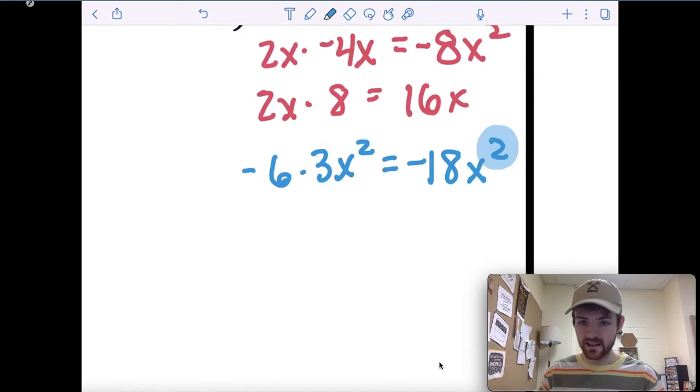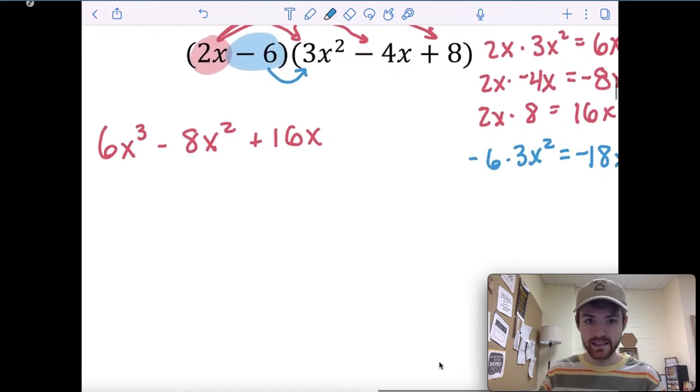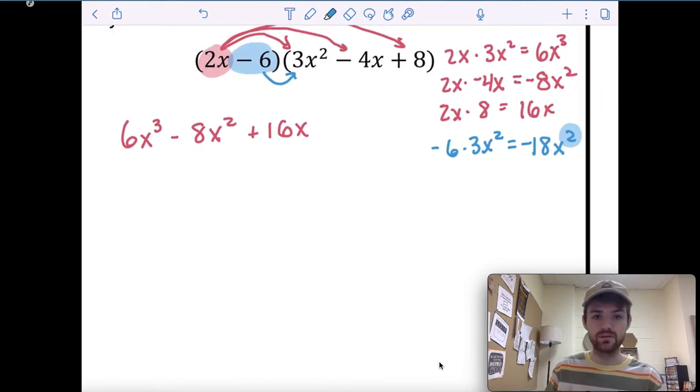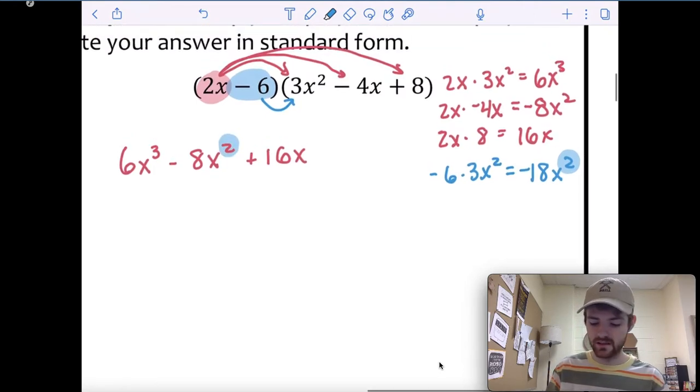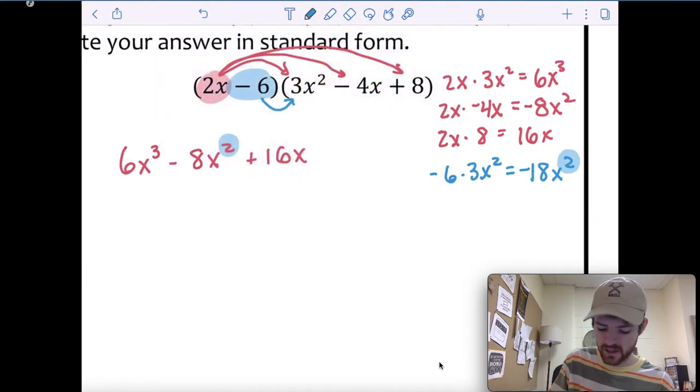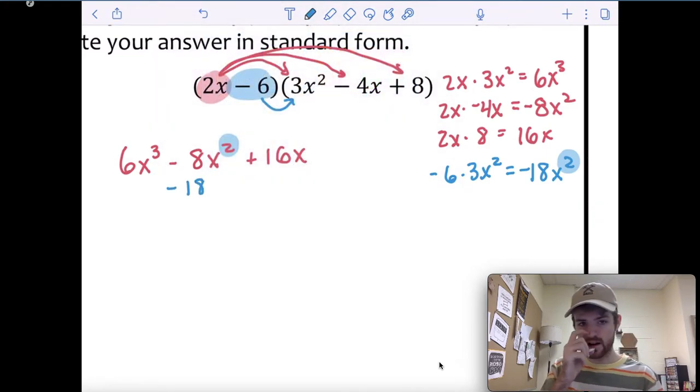When we stack it, we will stack it underneath the term that has an exponent of 2, which is here, that minus 8x. So what I'll do is I'll put this minus 18x squared right underneath, and I'll keep going.